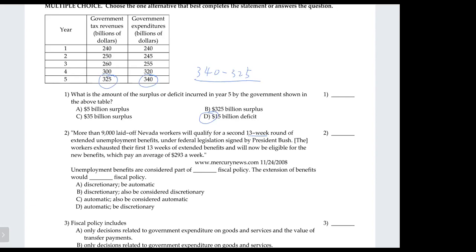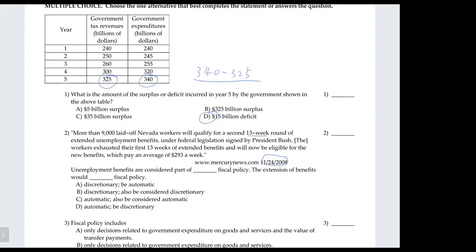So this happened in 2008. And actually, in 2020 or 2021, we had a similar policy. As we learned earlier in the class, because of the COVID pandemic, many people lost their job, right? And many businesses were closed. And then the government extended unemployment insurance benefit, just to keep people afloat, keep business afloat.